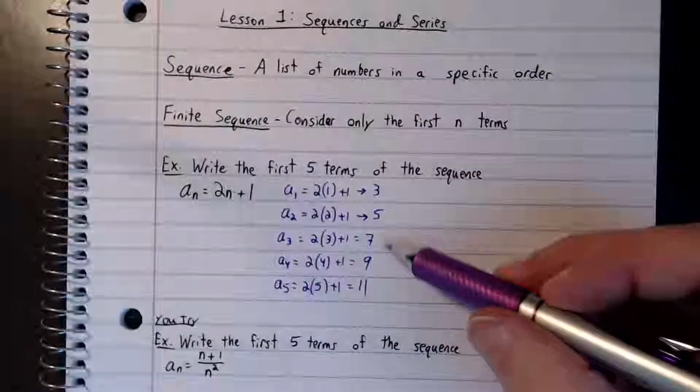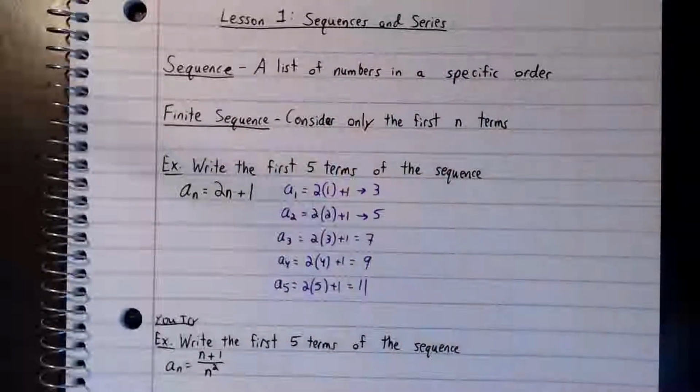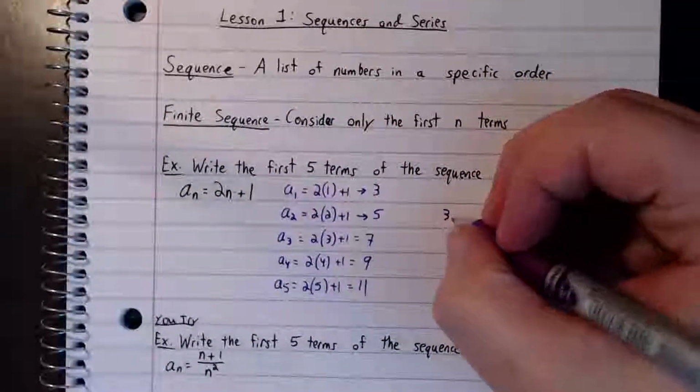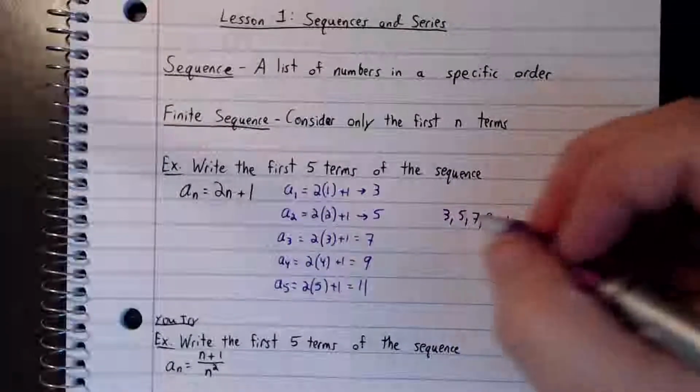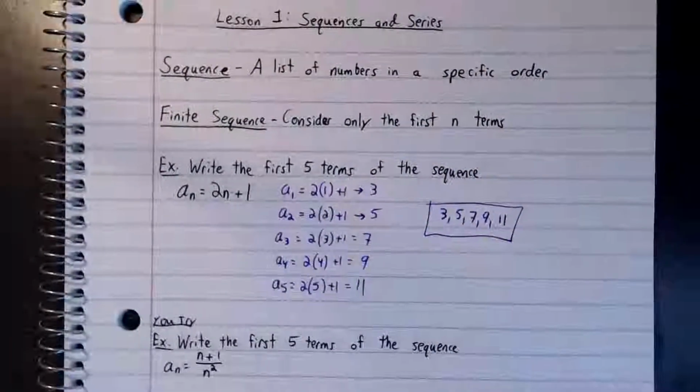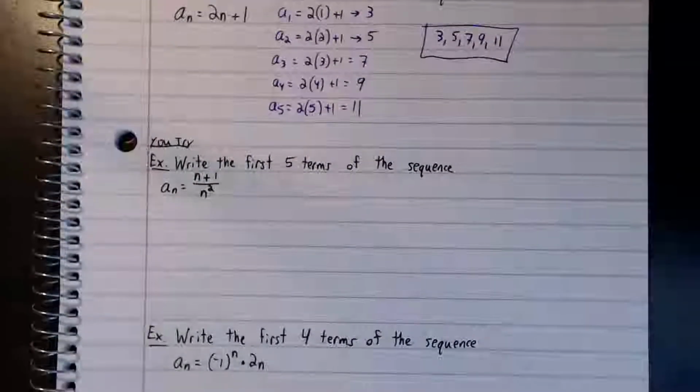So these are the first 5 terms of this particular sequence. We just want to list them: 3, 5, 7, 9, and 11. And that's our solution.